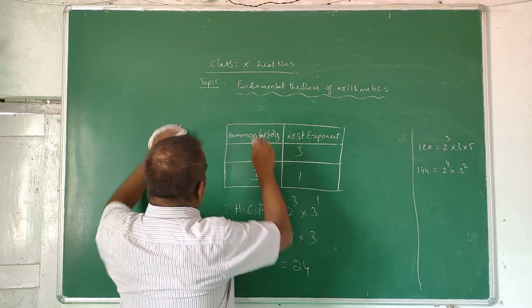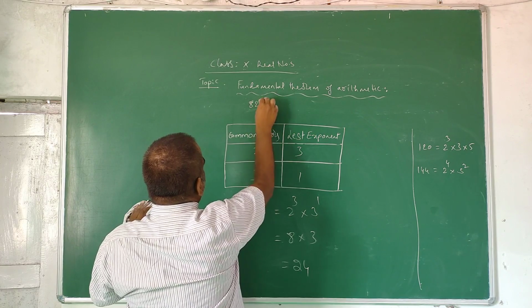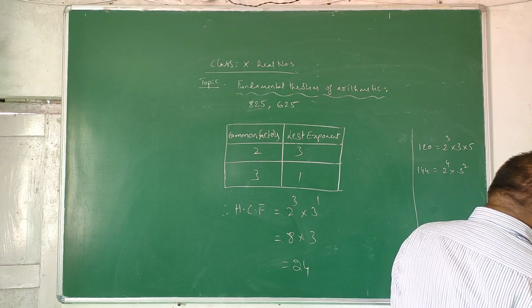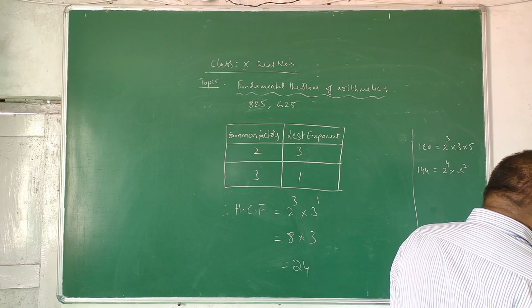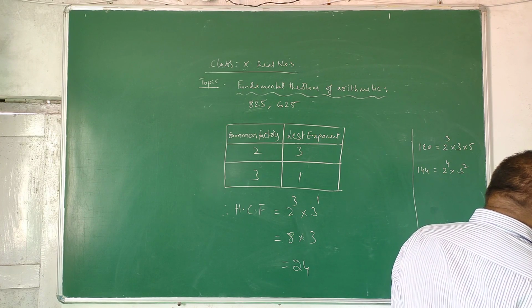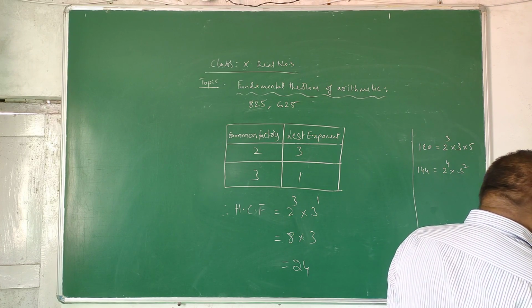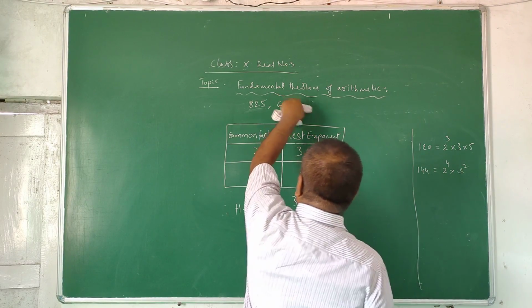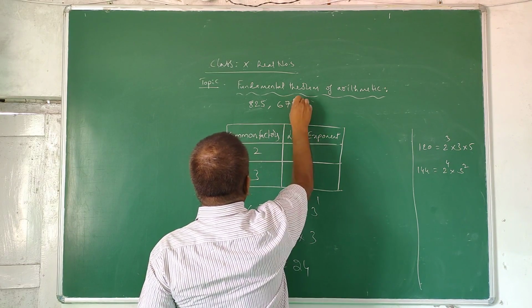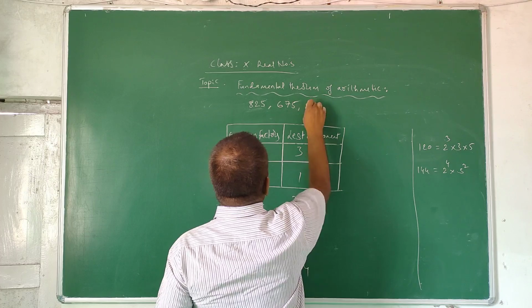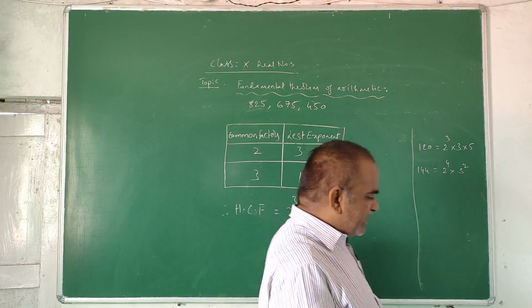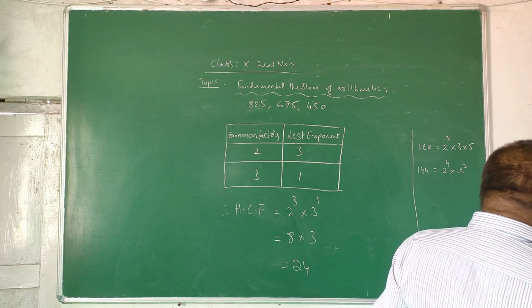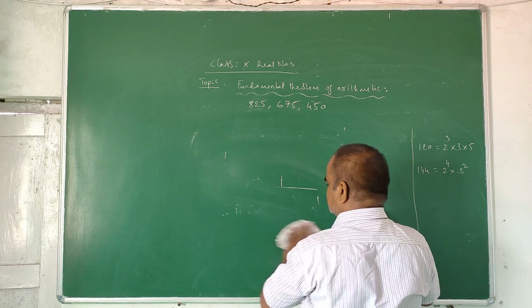So find the LCM and HCF of the numbers 825, 675 and 450. Right.